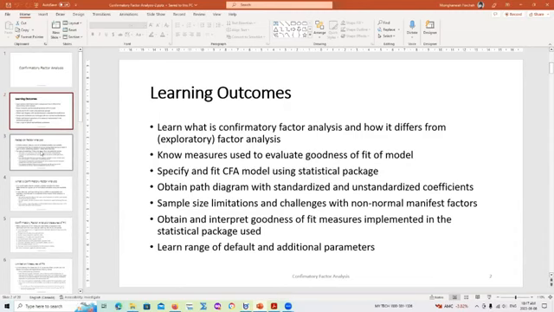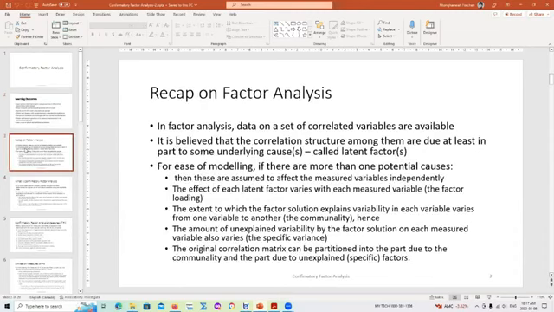So here let's just recap what we've been doing in terms of factor analysis. The idea is that in factor analysis, we have data on a set of correlated variables. So the most important thing in principal components factor analysis is that we have correlated variables, and those correlated variables are measuring something.